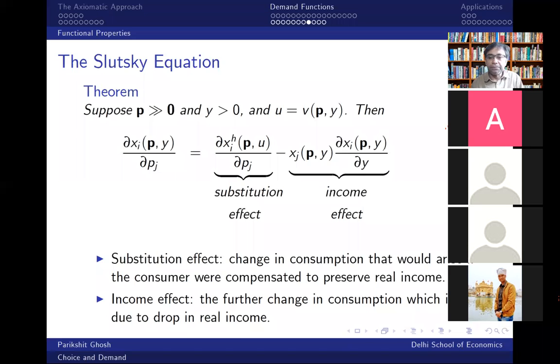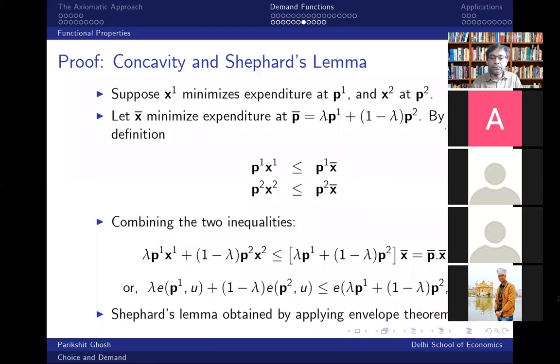Sir, how did we come to the expenditure function from that previous equation? In this line. The product of P1, X1, what is that? See, when the price vector is P1, optimum choice is X1, and by definition this product is what we were trying to minimize.